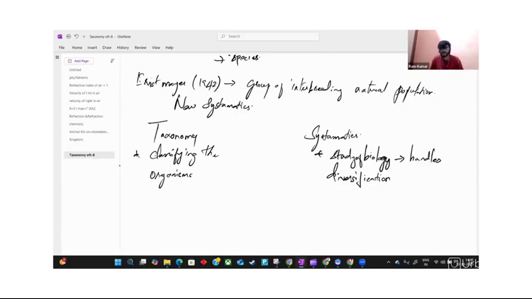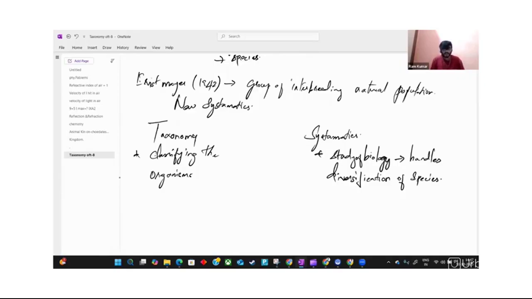What does diversification of species mean? The species are diversified based on climate, land location, other morphological conditions, etc. That is known as diversification of species.